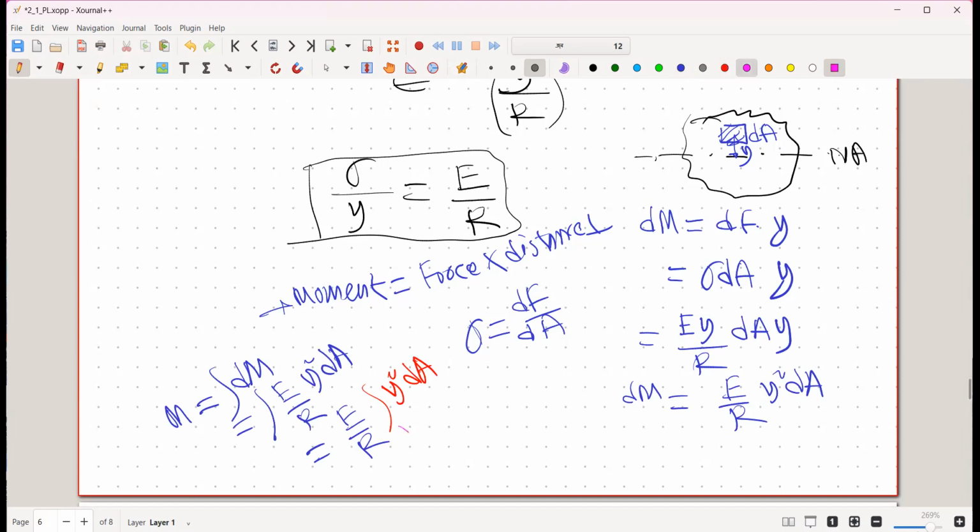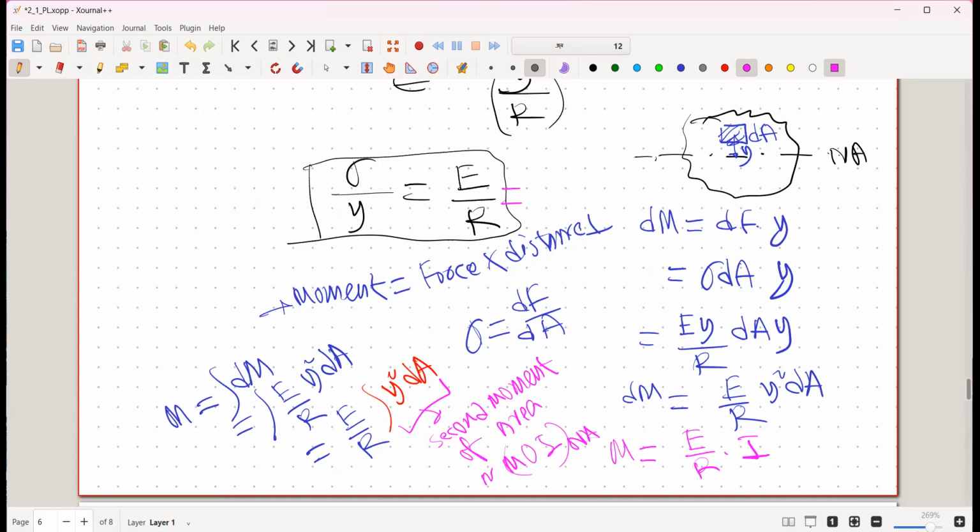The term integral of y squared dA is simply the second moment of area, or moment of inertia, about the neutral axis. So we can write M is equal to E by r into I.